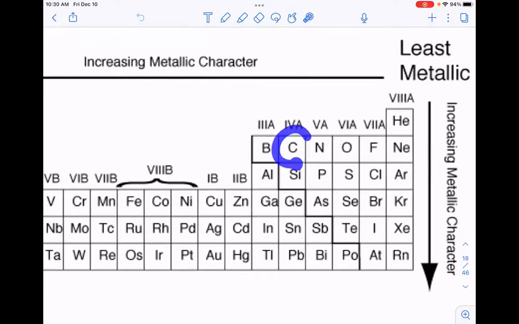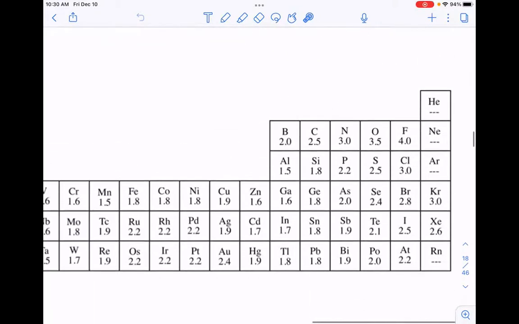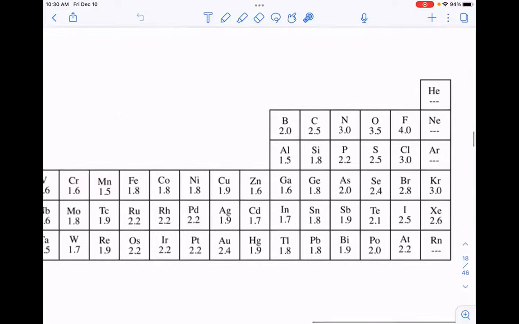So according to this, carbon is more metallic than oxygen. Therefore, carbon is our central atom. If you were taught electronegativity, it's going to be the least electronegative. Carbon's electronegativity value is about 2.5. Oxygen is 3.5. So carbon has a smaller electronegativity value, and therefore it's going to be the central atom.